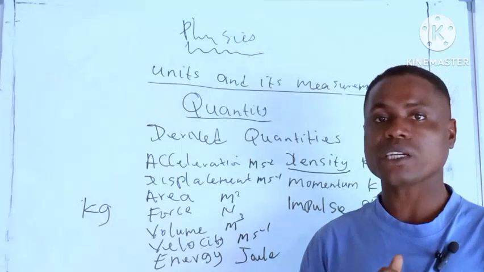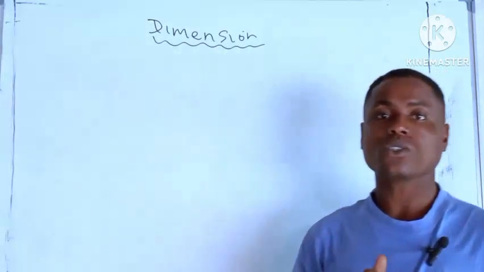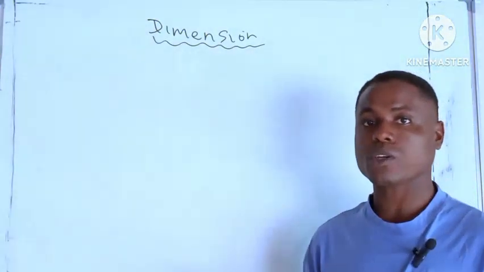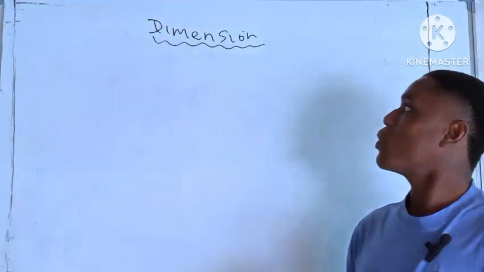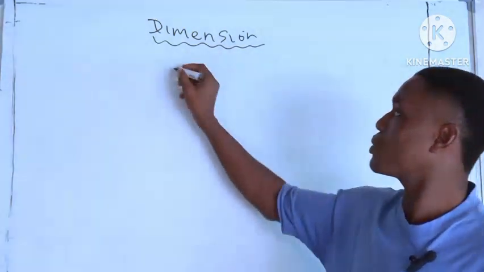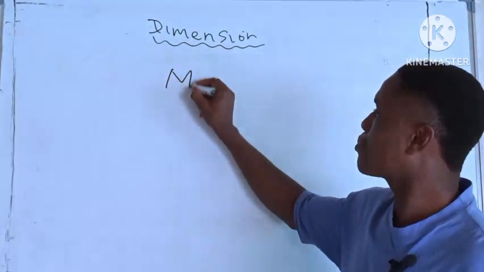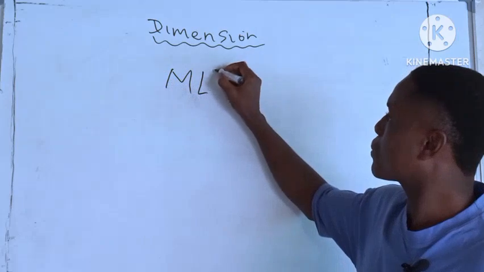Dimension of different quantities. So this dimension is just in form of a subtopic under unit and its measurements. Are you getting it? Okay. So now I believe you might have come across this type of thing, right?